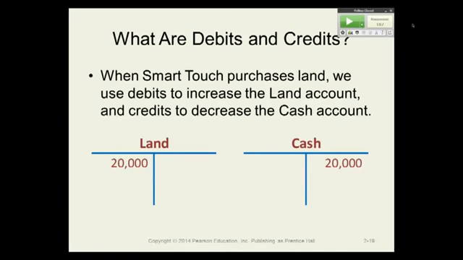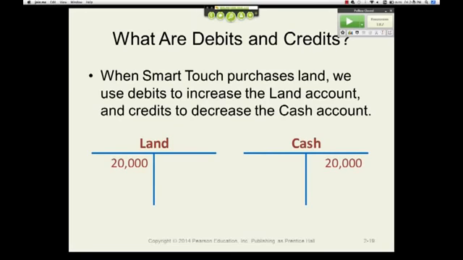How are you crediting something that's a negative? Because cash goes down by a credit. It's very similar to the question I had before, we're just taking the plus and minus sign and changing the language. So when you have a minus to an asset account, you credit that account. Again, something you have to memorize.